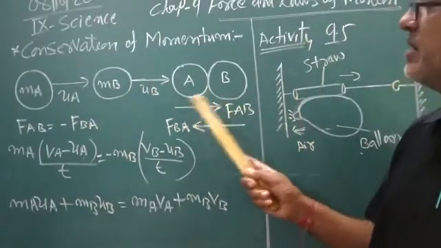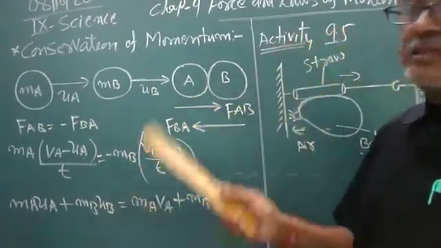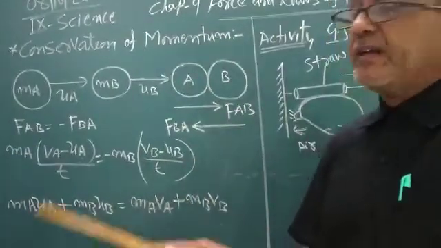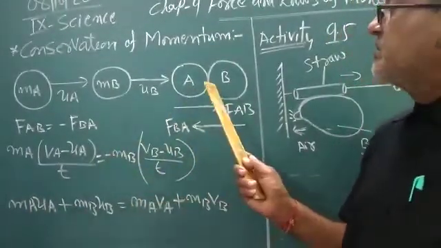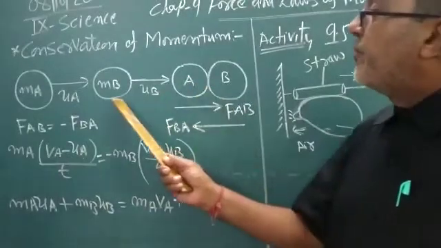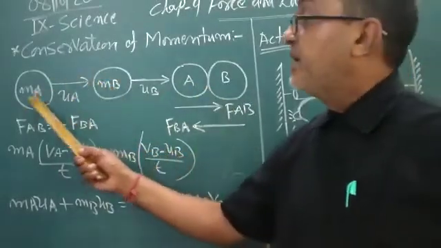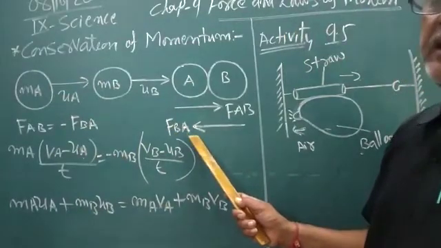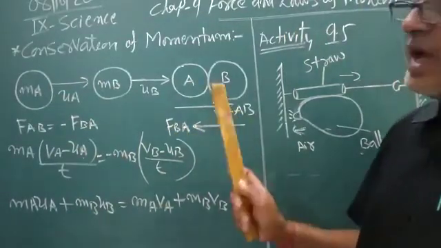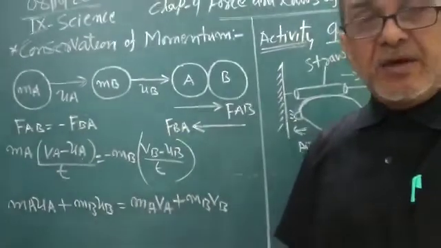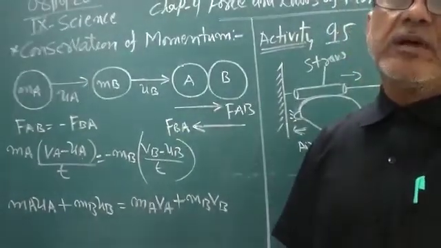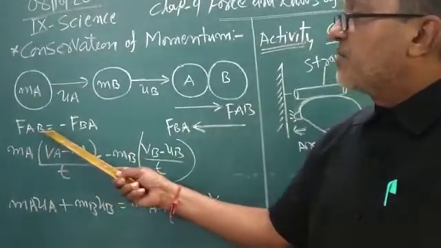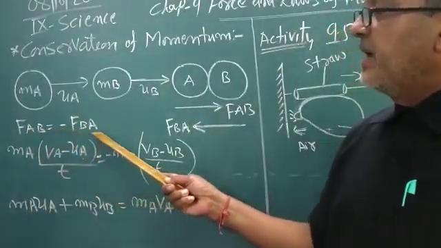F means force from A to B. According to Newton's third law, the same force in the opposite direction is exerted by object B on A, which is FBA. So FAB and FBA are equal in magnitude but opposite in direction. So FAB equals minus FBA.